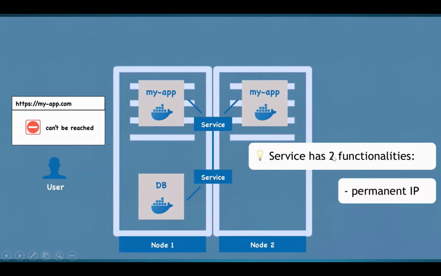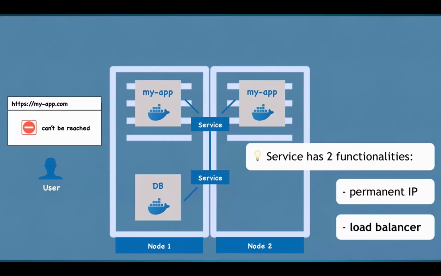So service has two functions. Remember the service YAML file we covered in the beginning? The first job was to assign the IP address. The second job is the load balancer. Suppose one pod can handle up to a certain limit of users.